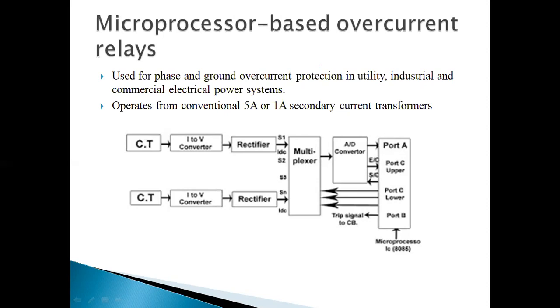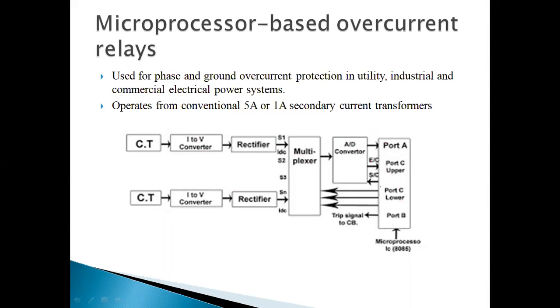Here again the current transformer is there, then current to voltage converter, rectifier unit, then multiplexer, and A by D, the analog to digital converter, which is required for the microprocessor.